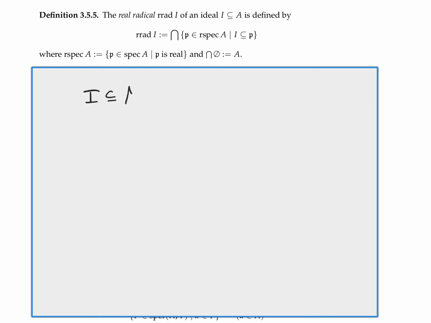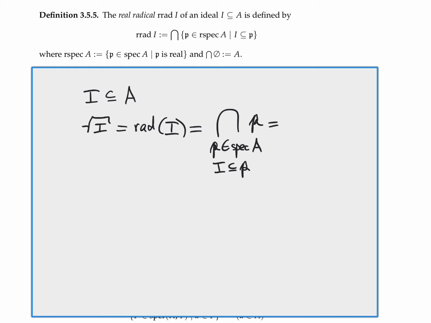If I is an ideal in A, then the radical of I, sometimes denoted like this, sometimes also denoted like this, was the intersection over all prime ideals of A that contain I. I could also write it in this way, the intersection over all P in spec A that contain I. So that is usually the definition of a usual radical, and here I define a real radical.